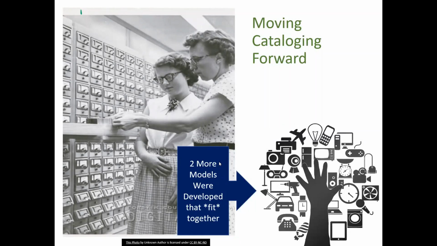Along the way, we actually created 2 more models, and we're not going to talk about the models too much today. That's really all we're going to say about them. But we created 2 more models, and these were created by different committees and different groups at the national level.